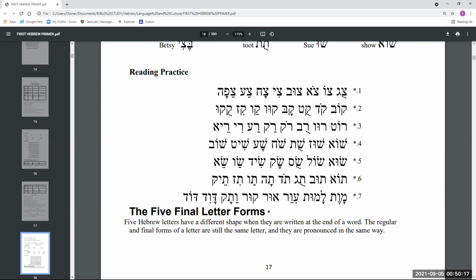The third set. That's a kuf with a kibbutz, and is that a tet? Okay. So a coot, not a coot, but coot.